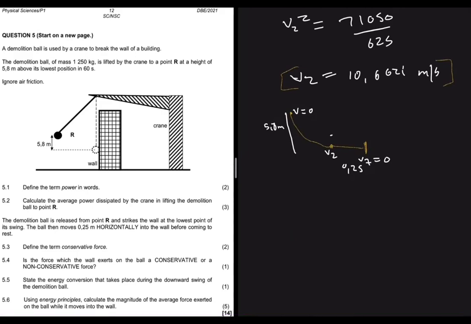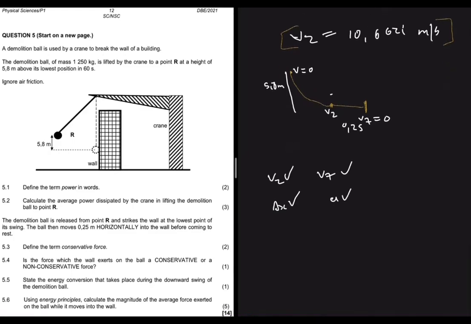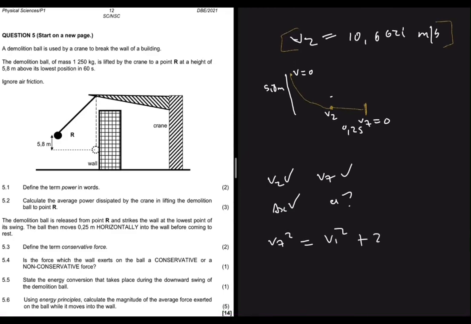So we have v2, we have vf, we have delta x, right? And then we need acceleration. So the formula to use here is vf squared equals vi squared plus 2a delta x, right?